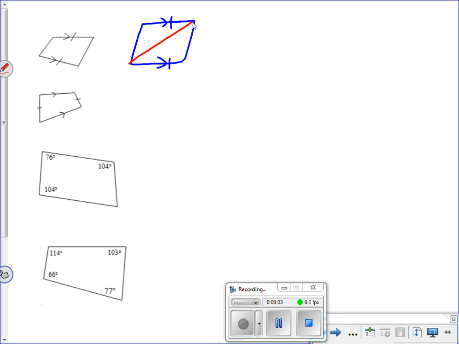Now since the lines are parallel, I know that angle and that angle are congruent. I also know by the reflexive property that that middle side is congruent to itself, right? The diagonal, reflexive property. By this, I can conclude that this triangle here and this triangle here are congruent by side angle side, okay? All right, since they're congruent, their corresponding parts are congruent, okay?